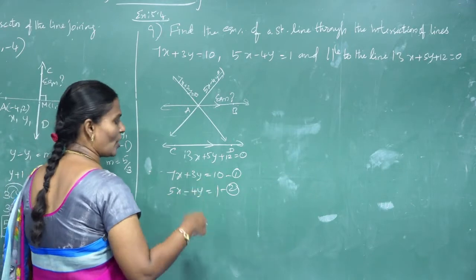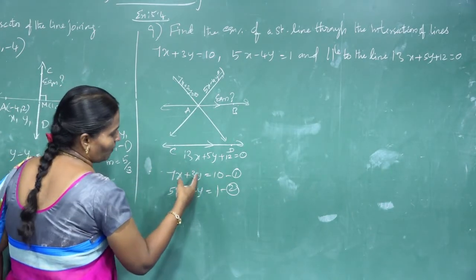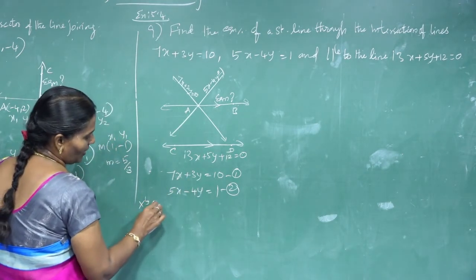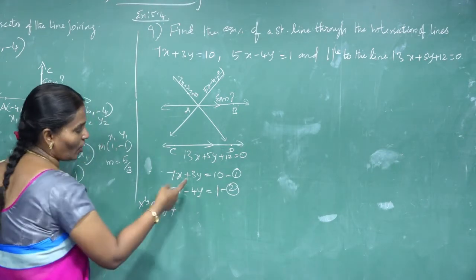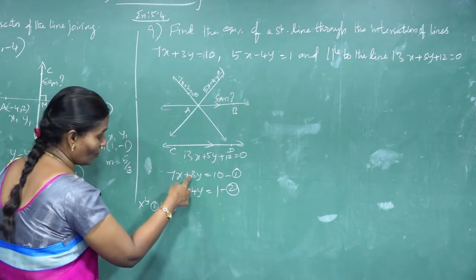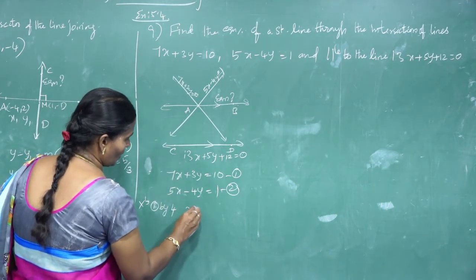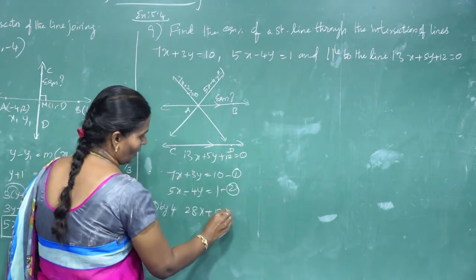So first you equate the coefficients of y. Multiply equation 1 by 4, because 3 fours are 12. So 7 fours are 28x plus 3 fours are 12y.